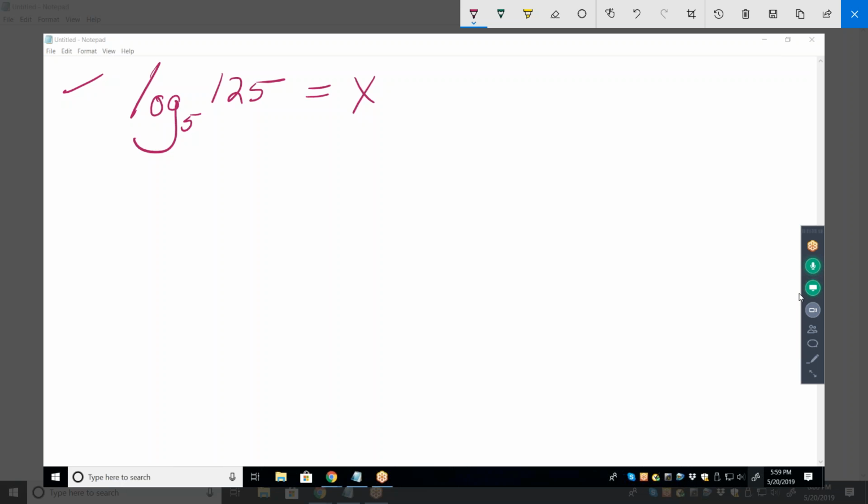The most important thing to remember, logs are exponents. That means that x has to be the exponent when you convert it to exponentials. Logs are exponents. So what would this end up being?